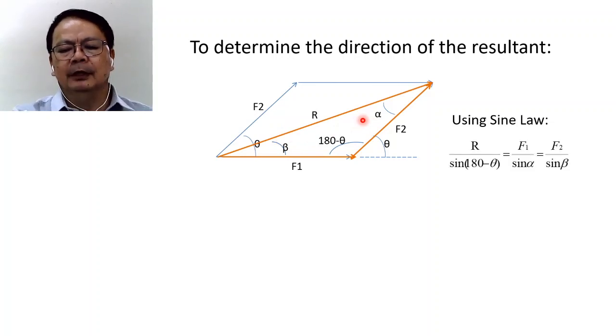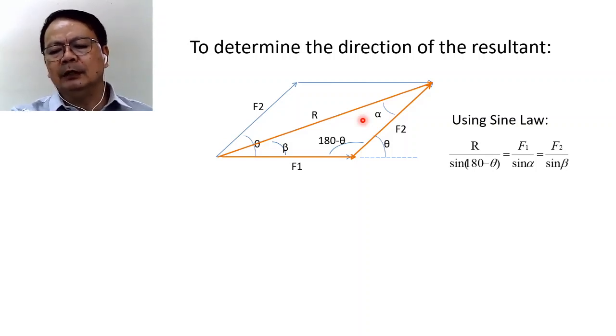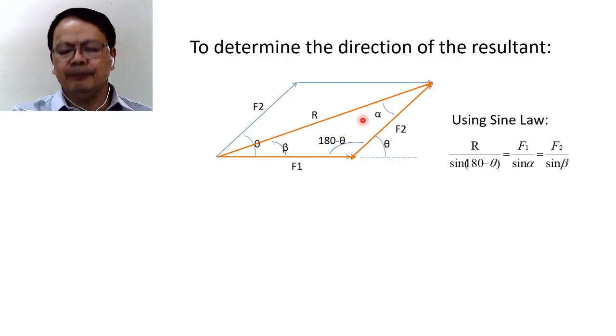So that r over sine of 180 minus theta is equal to f sub 1 divided by sine of alpha, also equal to f sub 2 divided by sine of beta.